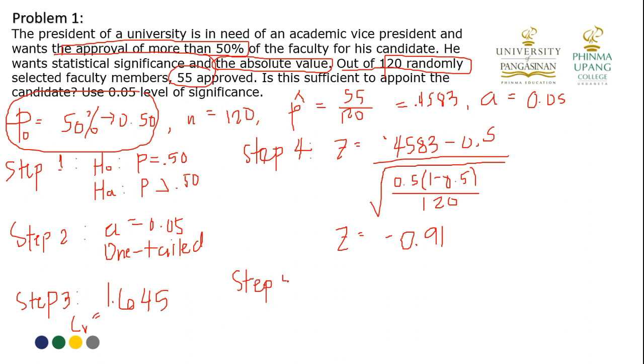Step number 5, draw tayo ng bell curve. So, ito yung sinasabi ko sa inyo. Di ba? Sabi niya doon, more than. So, ibig sabihin, sir, more than. Dapat punta tayong right. Yes po. Pwede kang pumunta sa right, pwede kang pumunta sa left.